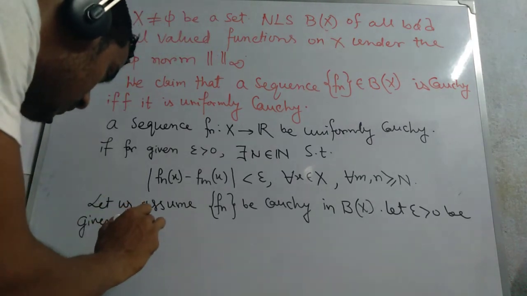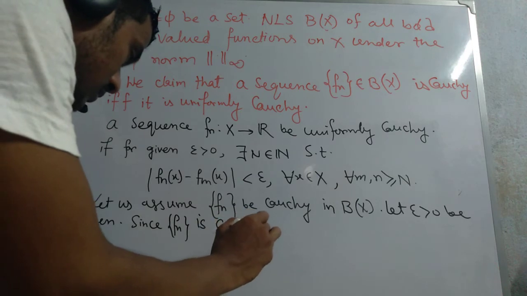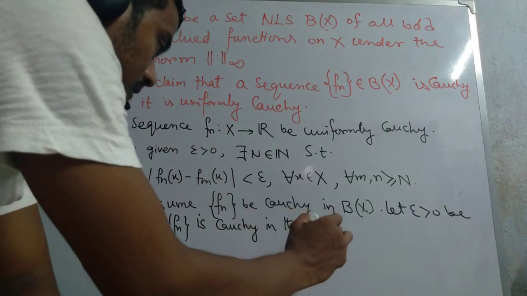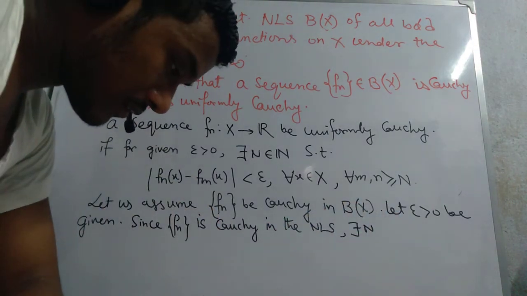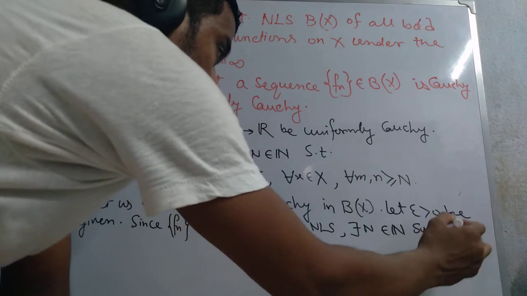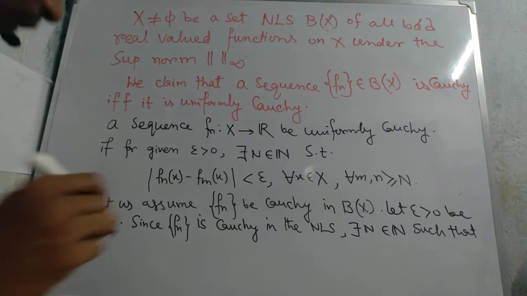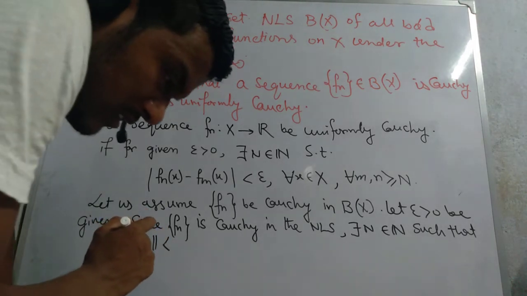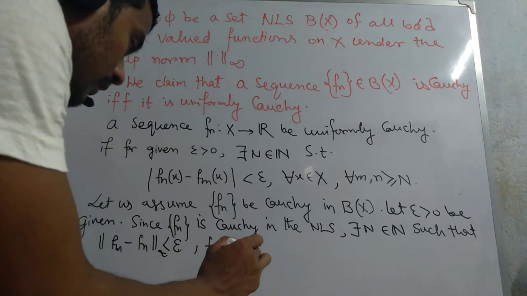Since f_n is Cauchy in the normed linear space, there exists N belonging to the natural numbers such that the norm of f_m minus f_n is less than epsilon for m, n greater than or equal to N.